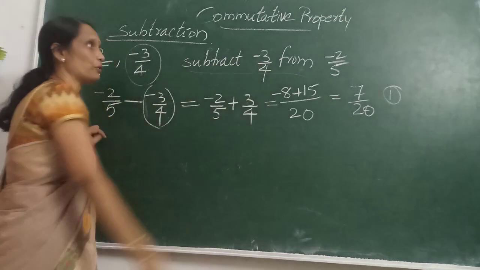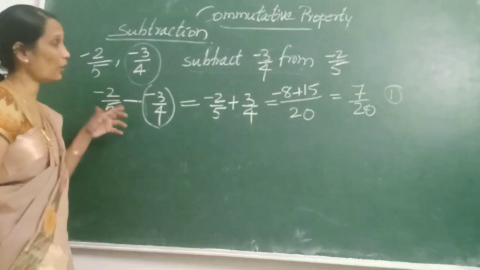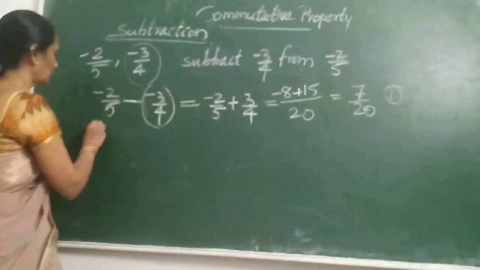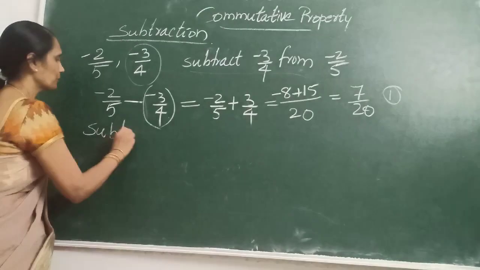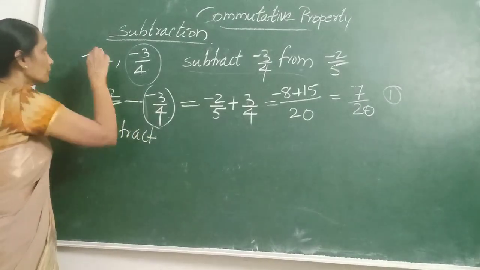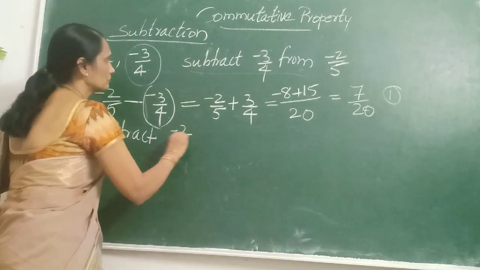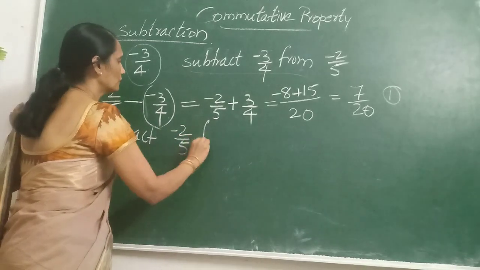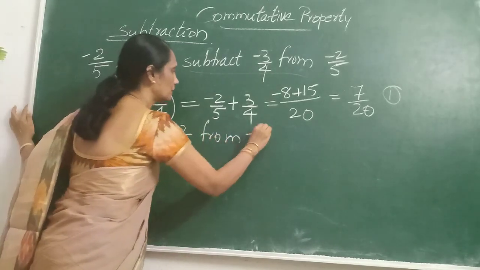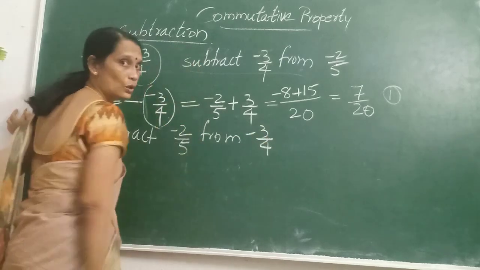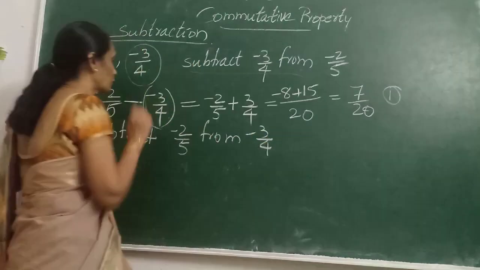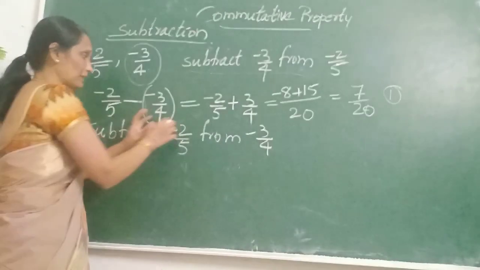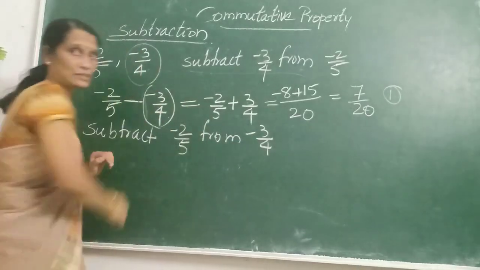Now what do we have to do? The next step is to subtract minus 2 by 5 from minus 3 by 4.